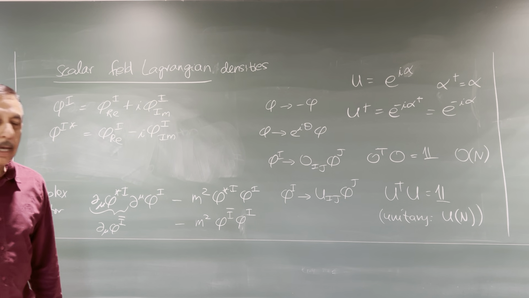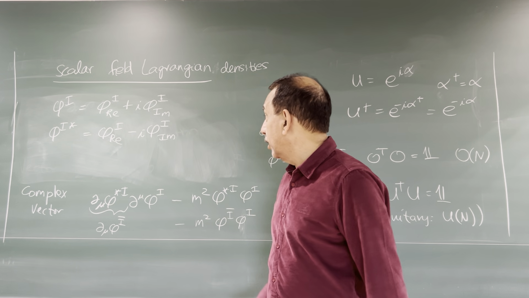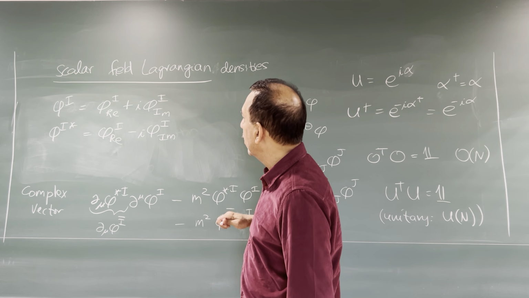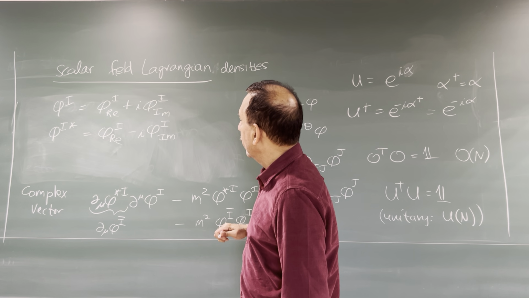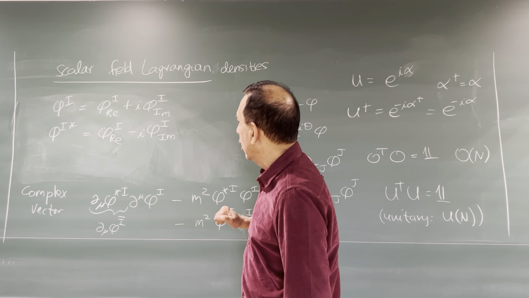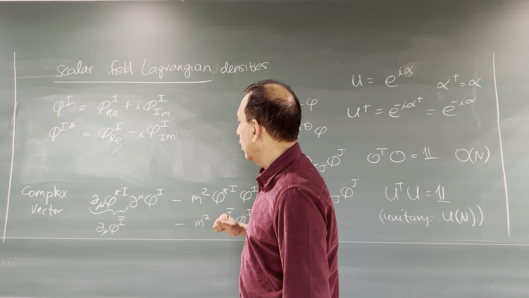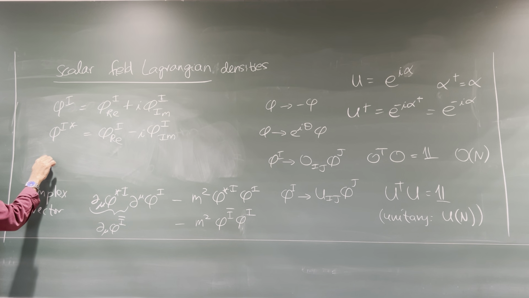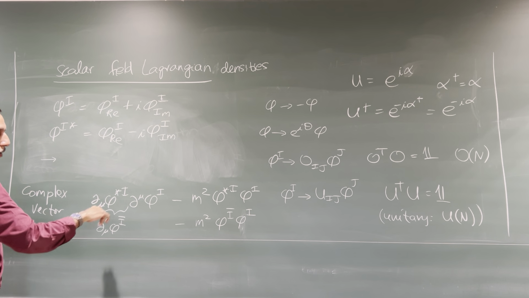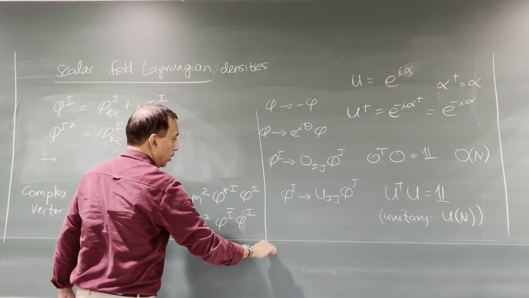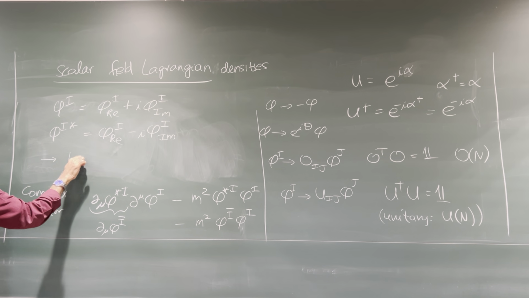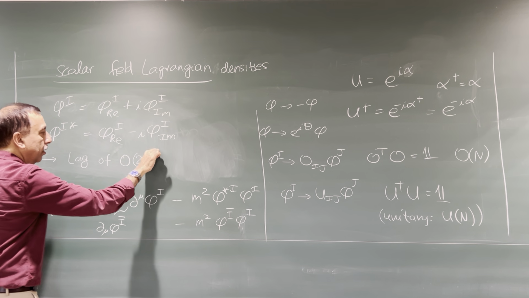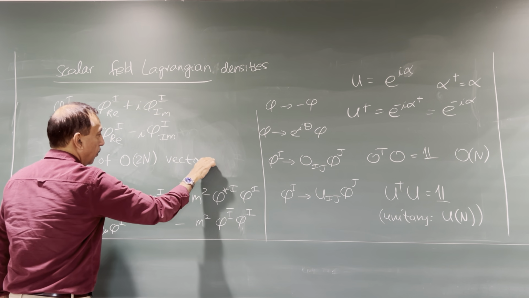This is clear. Now if I plug this into this Lagrangian, maybe with a half, or maybe with a 1 by square root of 2, I can verify that this free Lagrangian turns into the Lagrangian of the O(2n) vector model.